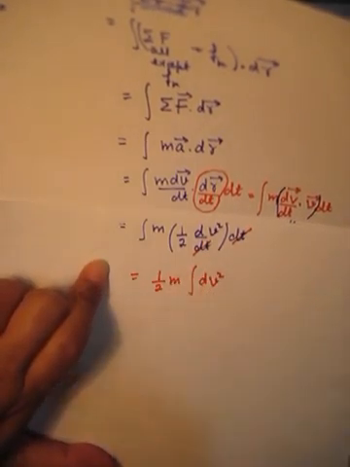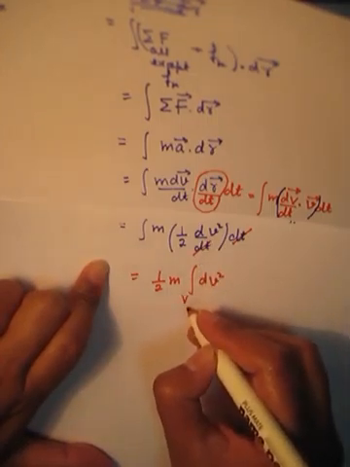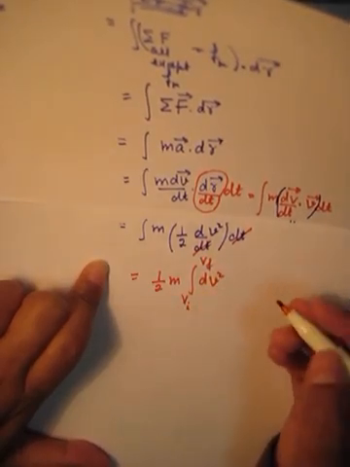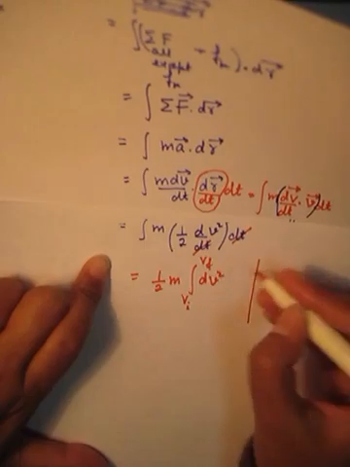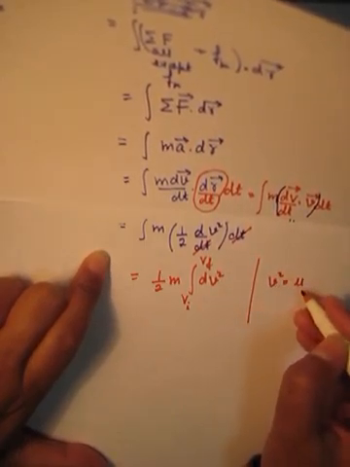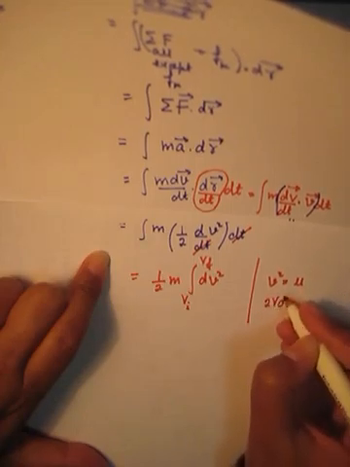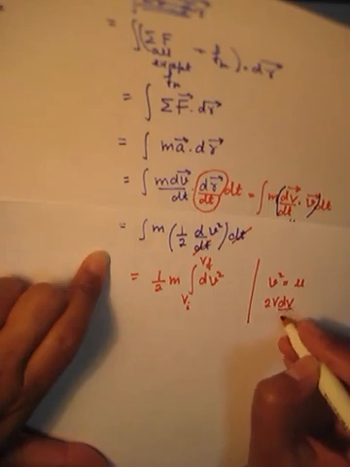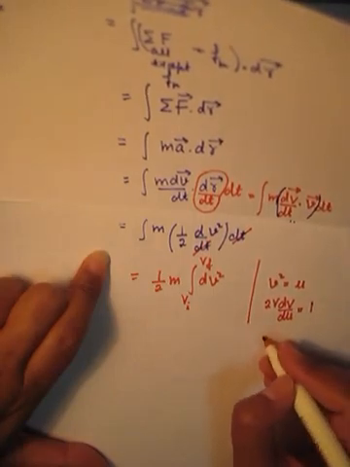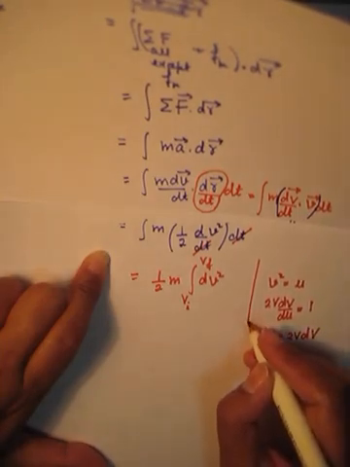Now we're going to integrate this from Vi to Vf. So it is a very easy integration, but just in order to explain, maybe I can give you a hint how to do it. V square is equal to u, so it will be 2V dV upon du will be equal to 1, or you can say that du will be equal to 2V dV.